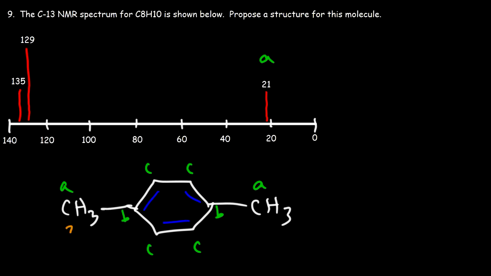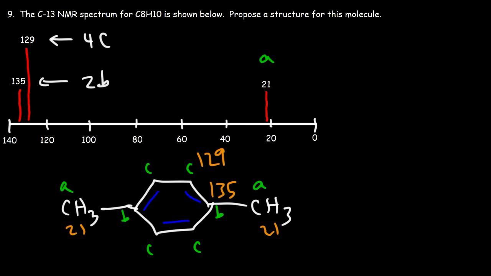That's typical of a methyl group. Now what about carbons B and C? Notice that there's 4 signals that corresponds to carbon C, but only 2 correspond to carbon B. So carbon C has to be the 129 signal. Carbon B has to be the 135 signal. And so height plays an important role here. So this is 129, and this is going to be at 135.